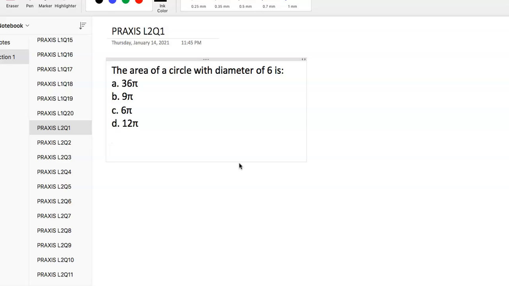Okay, let's start here. Question 1: area of a circle with diameter of 6. First, the formula for area of a circle you must know is pi r squared. You will face at least 1, if not 2, questions on area of a circle.